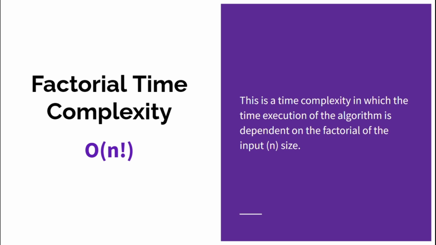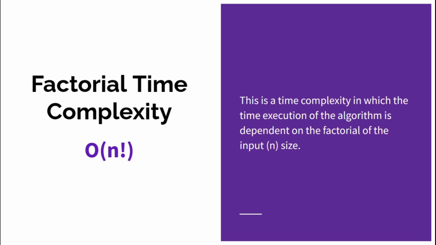You normally encounter these factorial time complexities in trial and error algorithms, like brute force algorithms, where you're going to try a lot of permutations of the input size. In a brute force attack, for example, you have a lot of passwords, a lot of words and combinations to check.